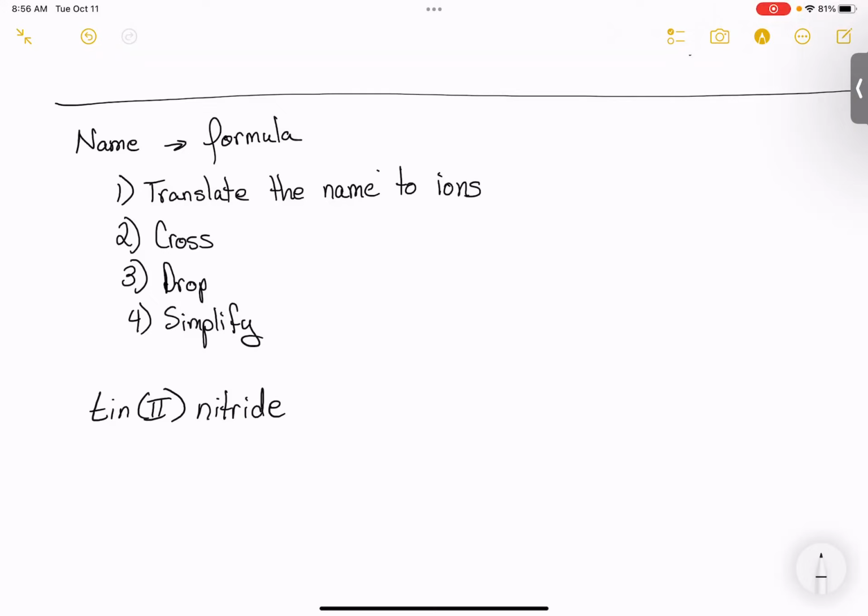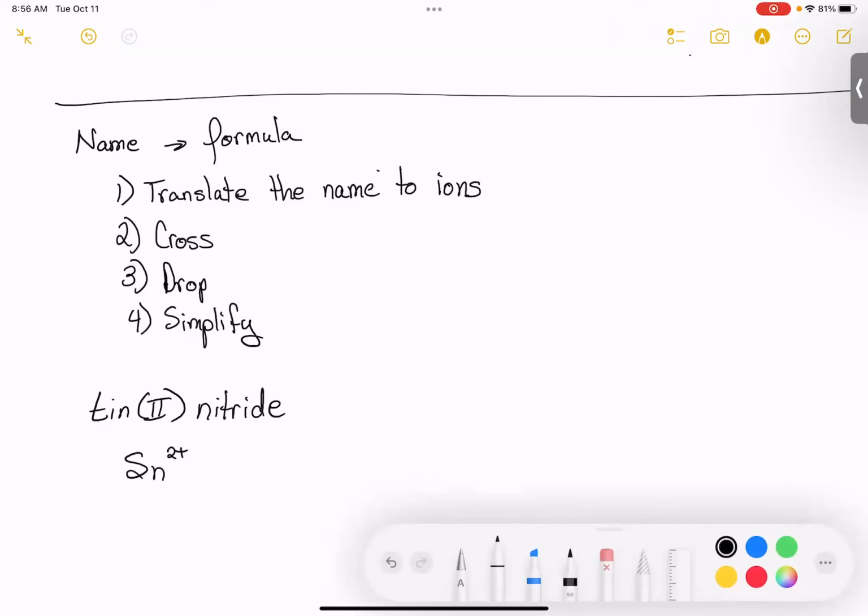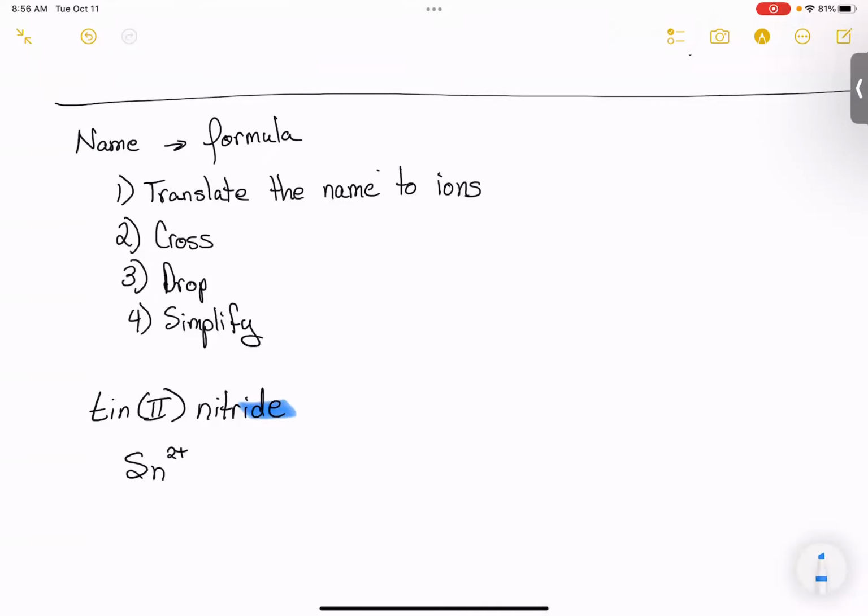I see a Roman numeral, so that's telling me what the charge is on the tin. It is a 2+. The other thing I recognize is I have the ending -ide.